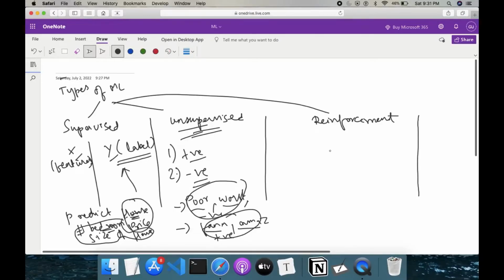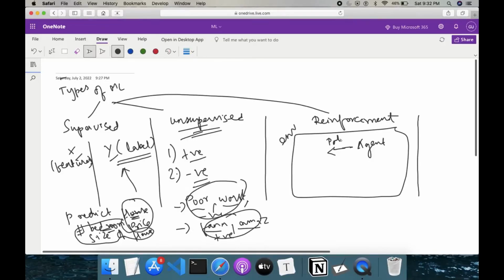For reinforcement learning, we have an agent who works in an environment, understanding the environment by learning. It will be working in an environment and take some actions based on a policy, and these actions will lead to a reward or penalty.